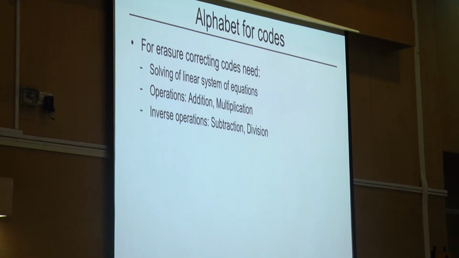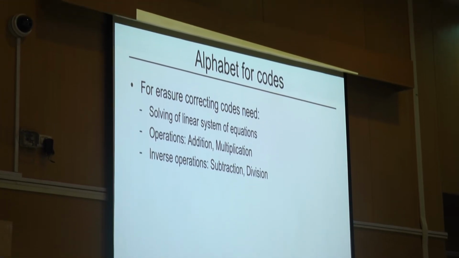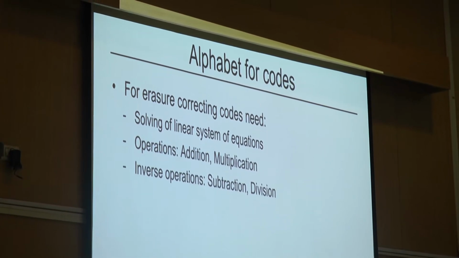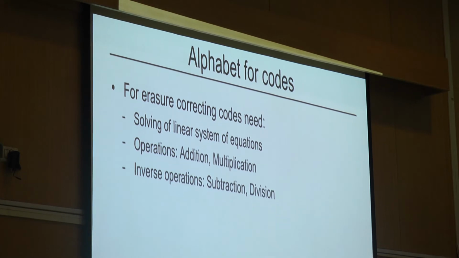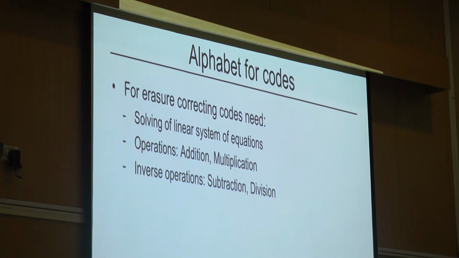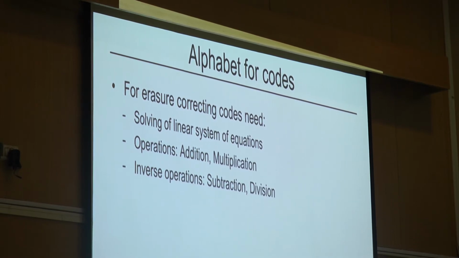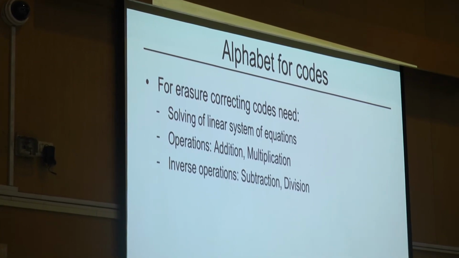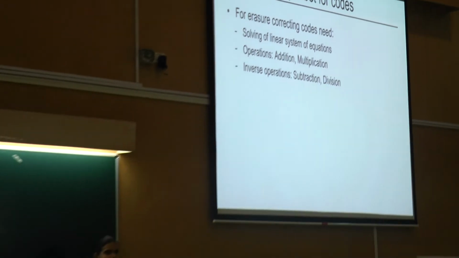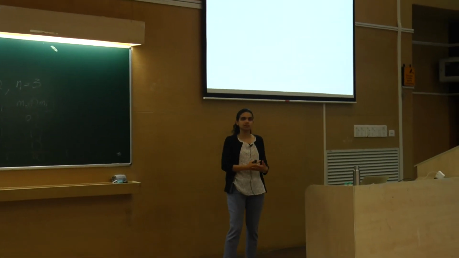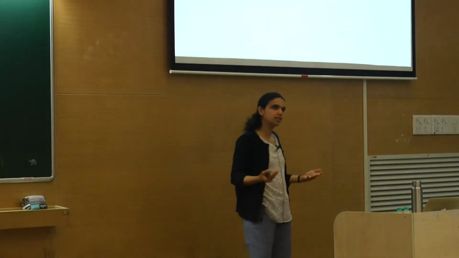For erasure codes, we need alphabets to have some properties so that we can do some math with them. Mainly, what we want to do is solve linear systems of equations. Typically you will have a code word like this and equations like this, and you know what different positions are as a function of the message symbols. You will have some of them and you will not have some of them, and you have to solve these equations to find out what the message symbols are.